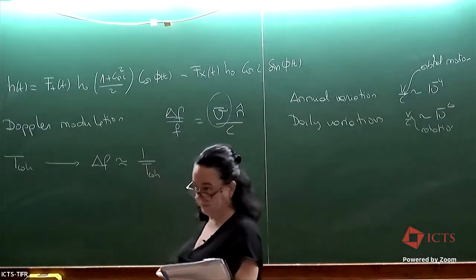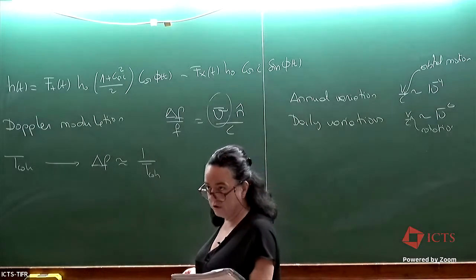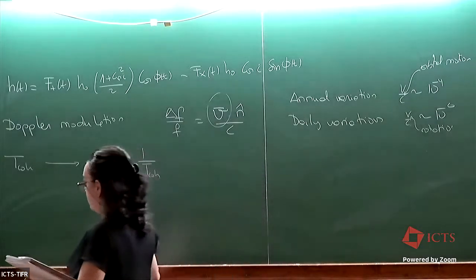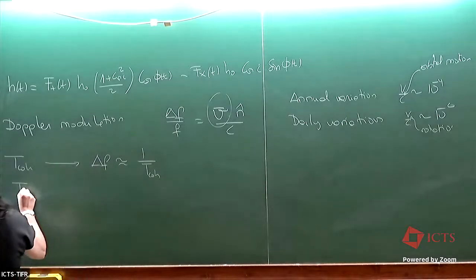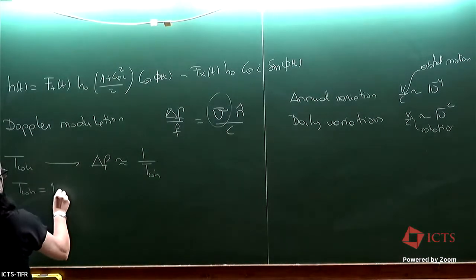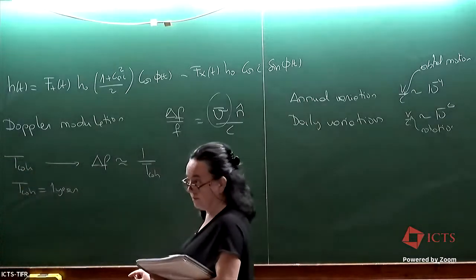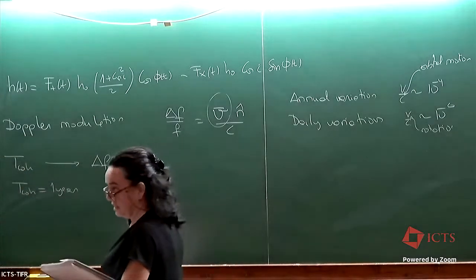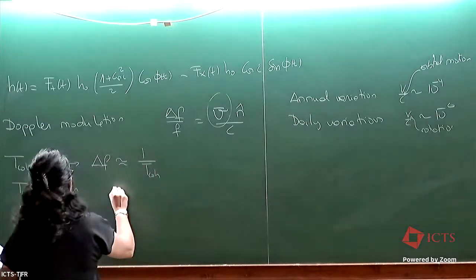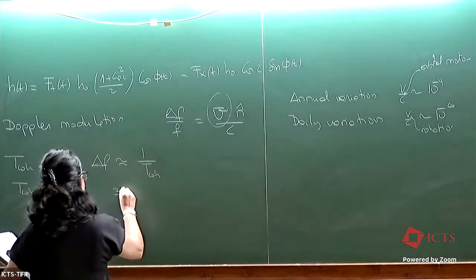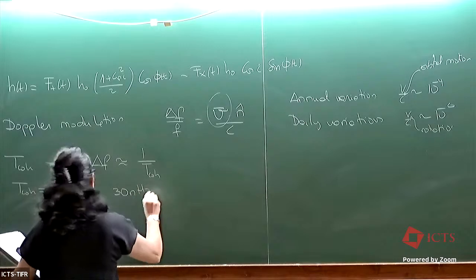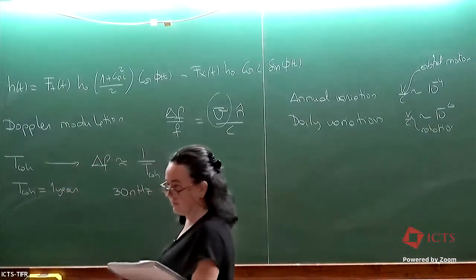So if you put some numbers here, if I do a coherent integration of, let's say, 1 year, this translates to a frequency resolution of 30 nanohertz.